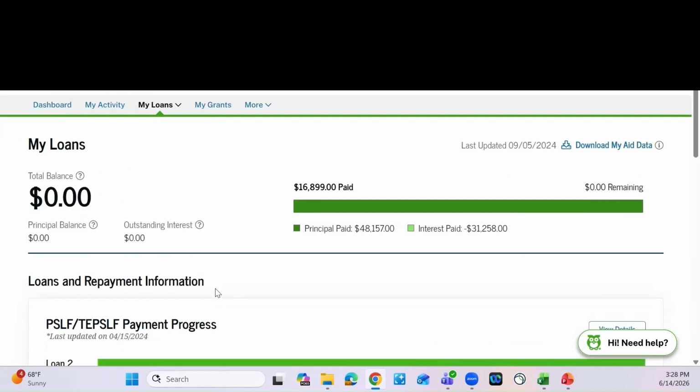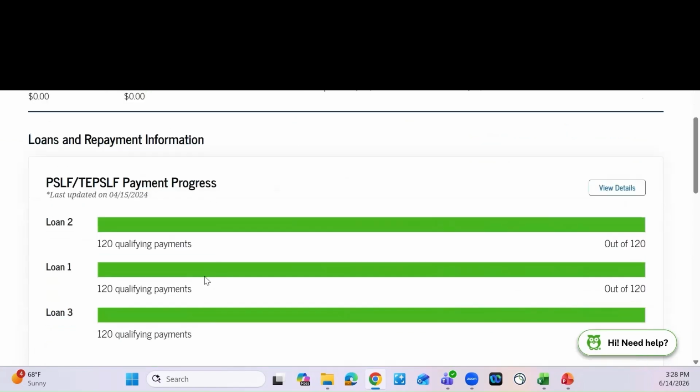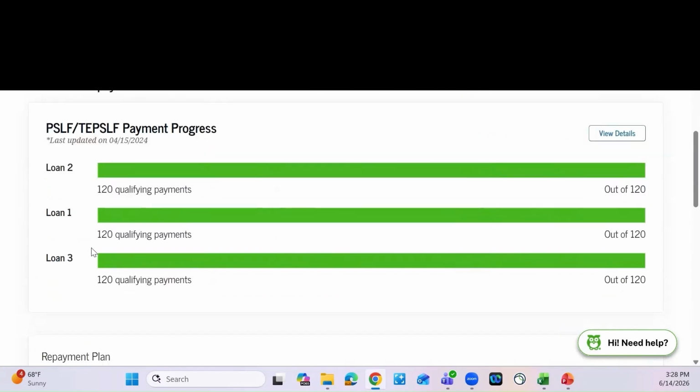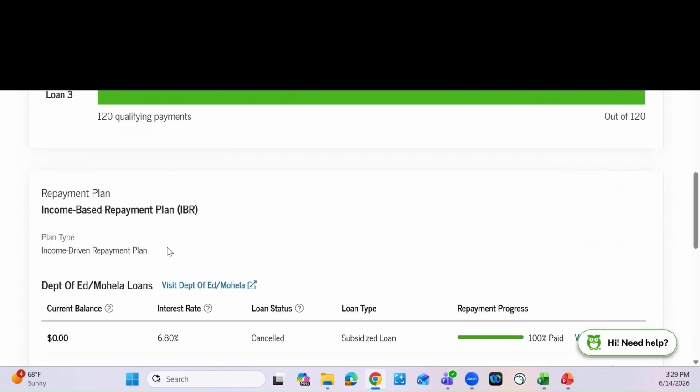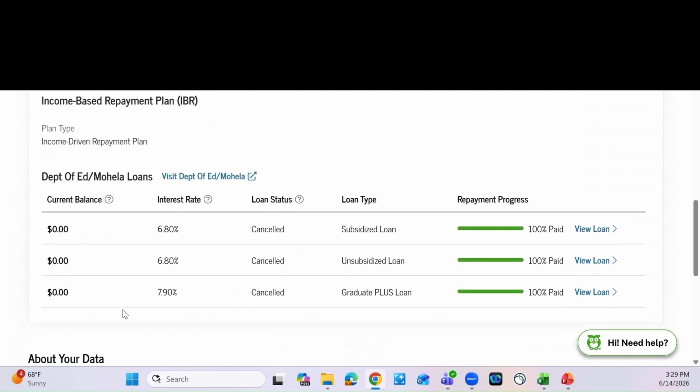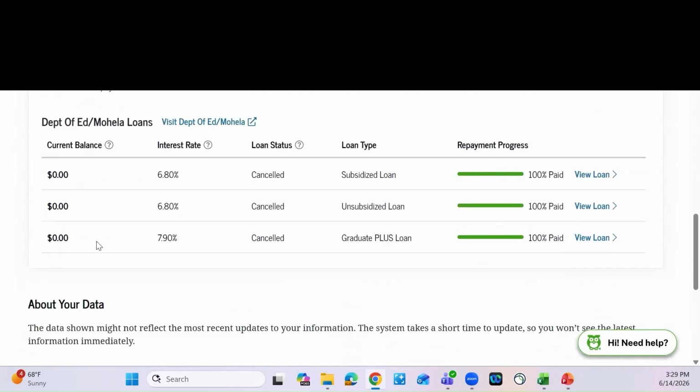If you scroll down, you will be able to see information about your repayments or other repayment programs that you may have signed up for. Scroll lower and you will be able to see an itemization of your loans, the status, your loan type, repayment progress, and additional information.